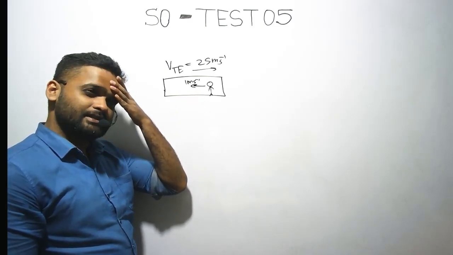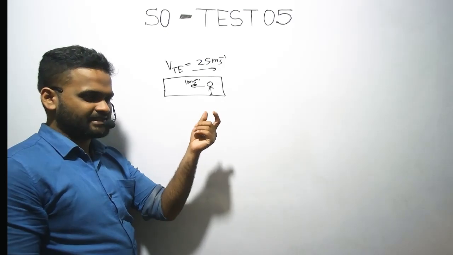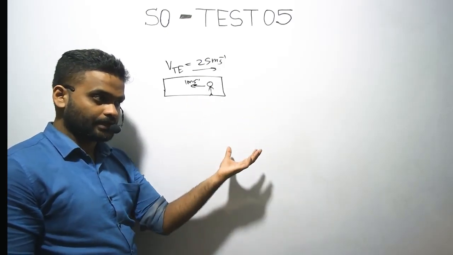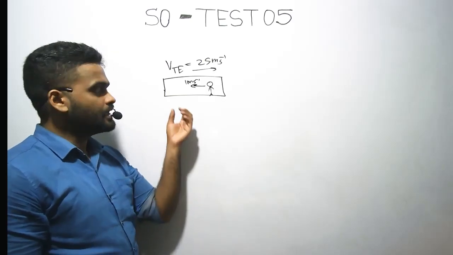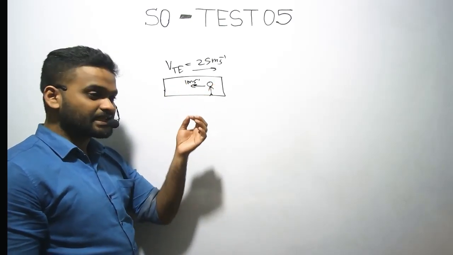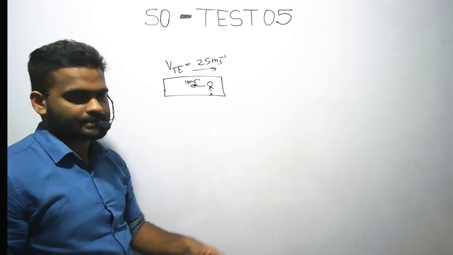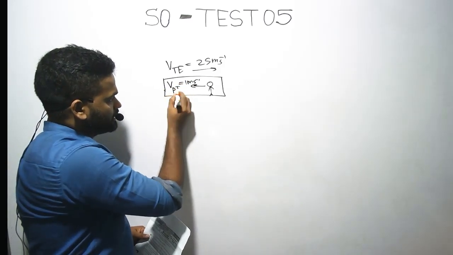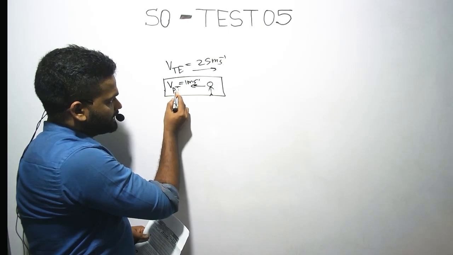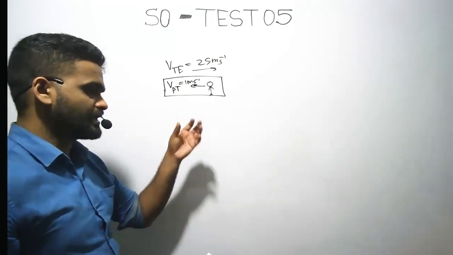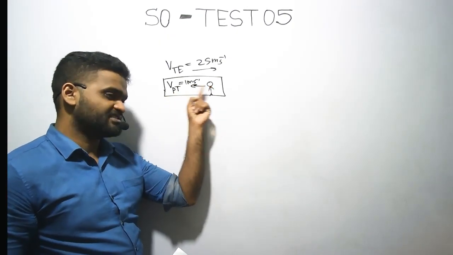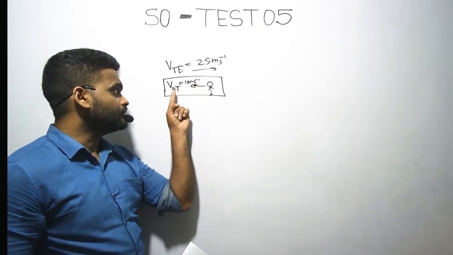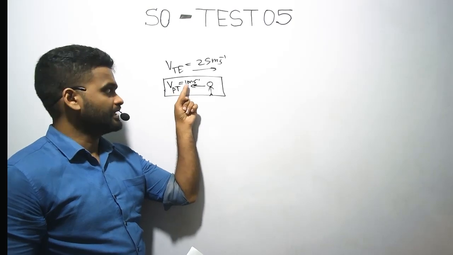But the passenger already is in the train, right? So you have to understand the velocity of this passenger is relative to the train. So that's how they ask questions. Not relative to Earth, relative to train. So someone inside the train sees that passenger moves to this side at this velocity. Relative to train velocity of passenger, that is 1 meters per second.